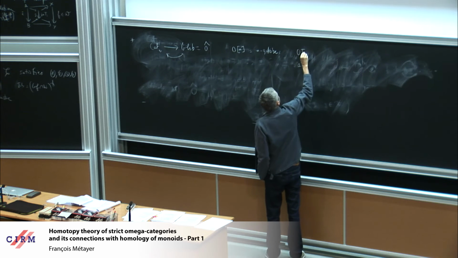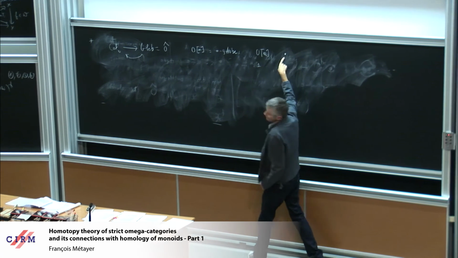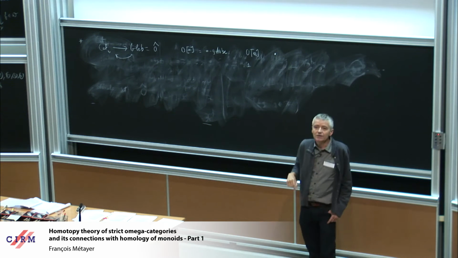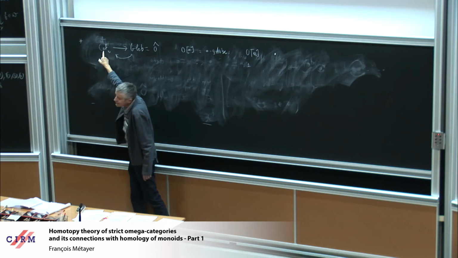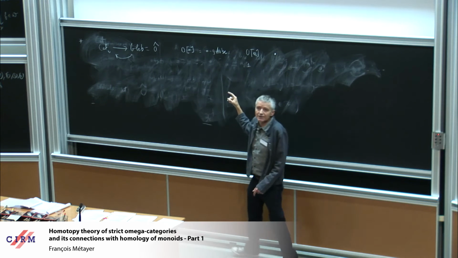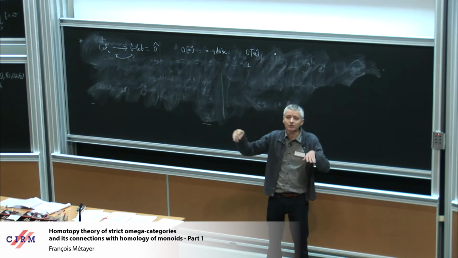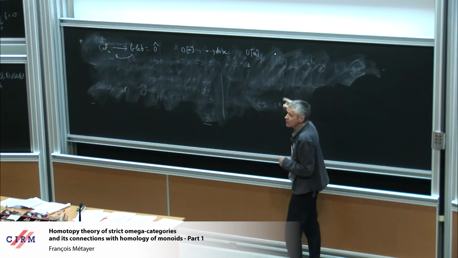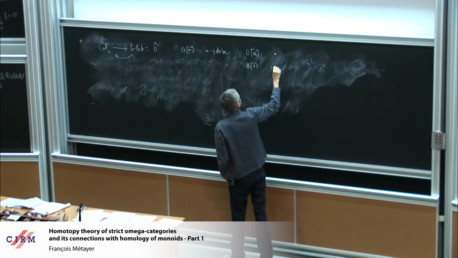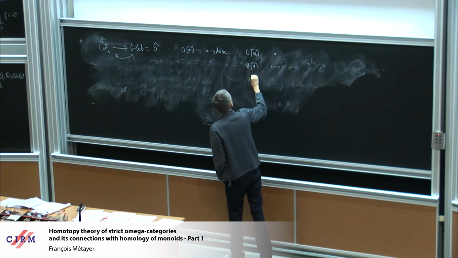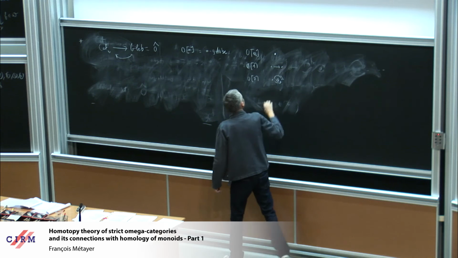O0 is just a point, meaning, of course, that in omega cat you see it as an omega category with only one zero cell and identities in higher dimensions, of course. So O1 you can represent as this, O2 like this, and so on.